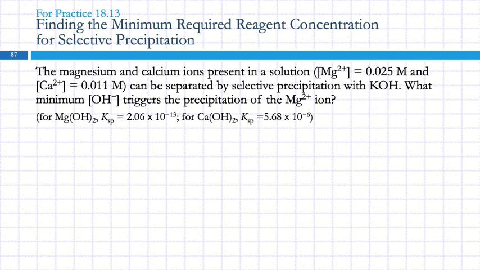So what we want to look at is the precipitation of magnesium, and we're going to write it backwards. We're going to write it as dissolving, right? So the magnesium hydroxide dissolves into magnesium ions and 2 hydroxide ions.